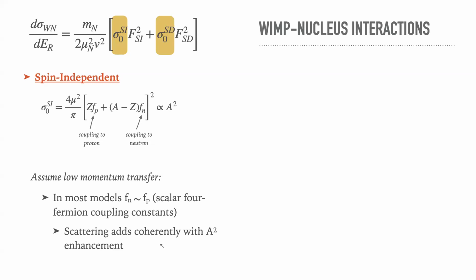If you read papers from any of the experiments releasing results, some of them are often quoting their results in terms of spin independent interactions, and some of them are quoting the results in spin dependent interactions. And again, that depends on the model that you're taking. Part of it is because we don't quite know what the dark matter is. And even if we know what it is, we don't know exactly the nuclear and particle physics that goes into it, like which of these terms would be most important.